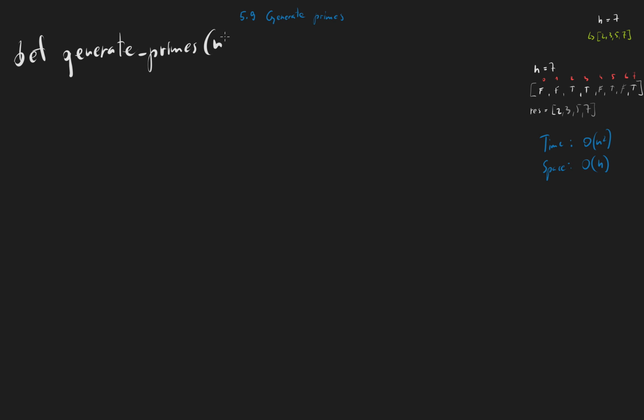Generate primes. We are given an n, and we need to return a list of primes. So we know if n is less than 2, we don't have any primes, so we can just return an empty list. Cool. And now if n is larger, we can say, okay, we have candidates. This will be a Boolean array, right?